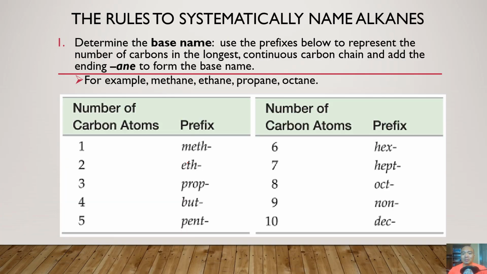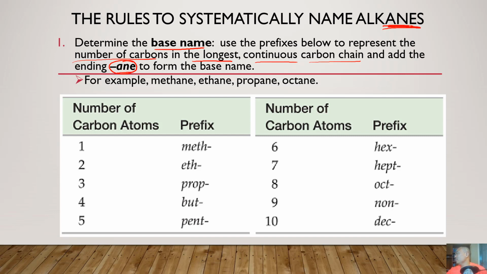When you try to systematically name alkanes, the first step is to determine the base name. So what is the base name? The base name tells you the number of carbons in the longest continuous carbon chain. After the base name, you put an ending, ANE, for alkane.